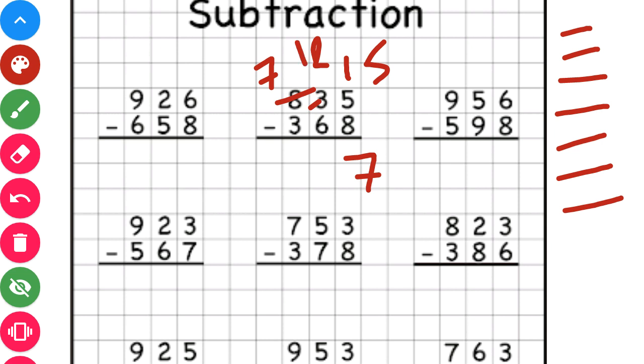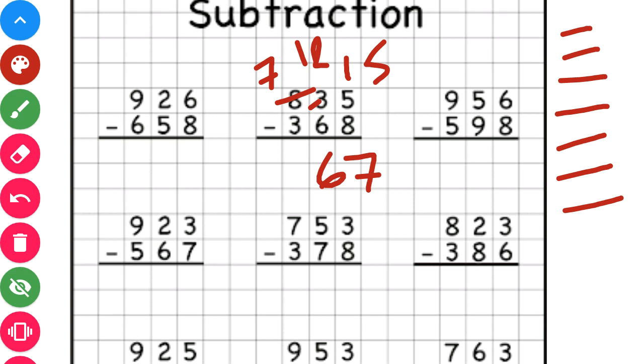Now count after 6 to get 12: 7, 8, 9, 10, 11, 12. How much have we got? 6 here. Now which number do we have at the hundreds place? We have a 7 there.